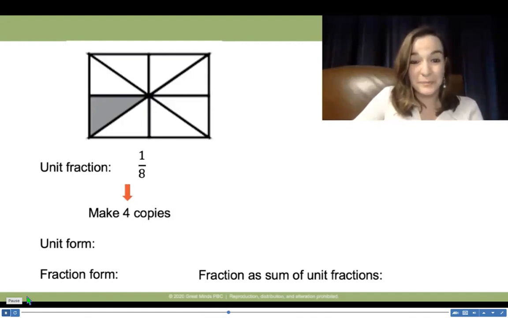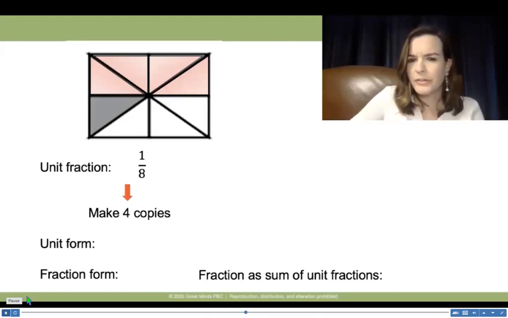Let's check our work. We started with 1/8. If I make 4 copies of 1/8, I would shade in 4 more pieces. So I would have 1 copy, 2 copies, 3 copies, 4 copies. You could have shaded in any 4 pieces that you would like, because we know each of these pieces represents 1/8.